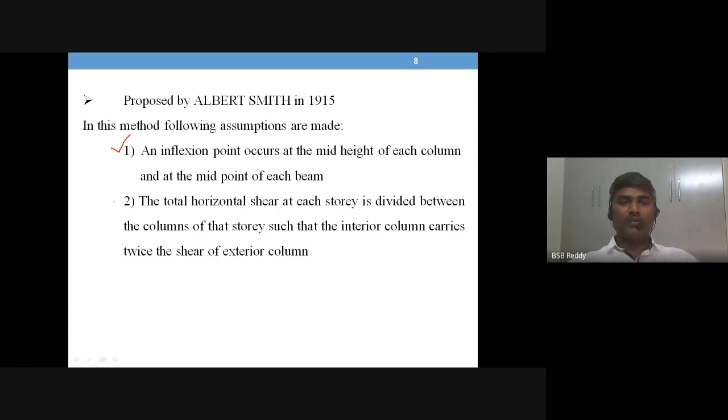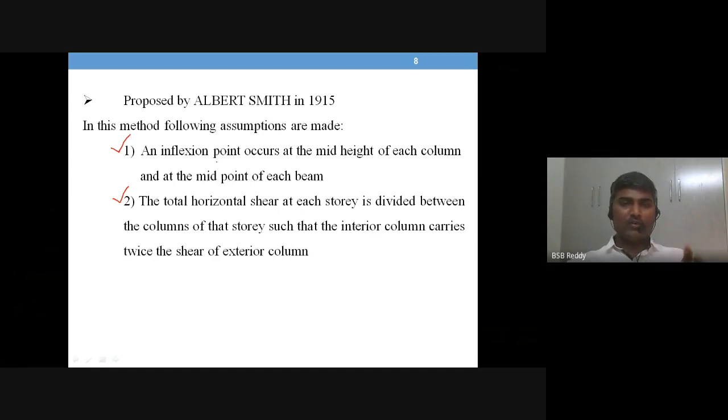The only difference is in the second assumption. Let us see what that second assumption is that differs between the methods. The first one is common to both methods.